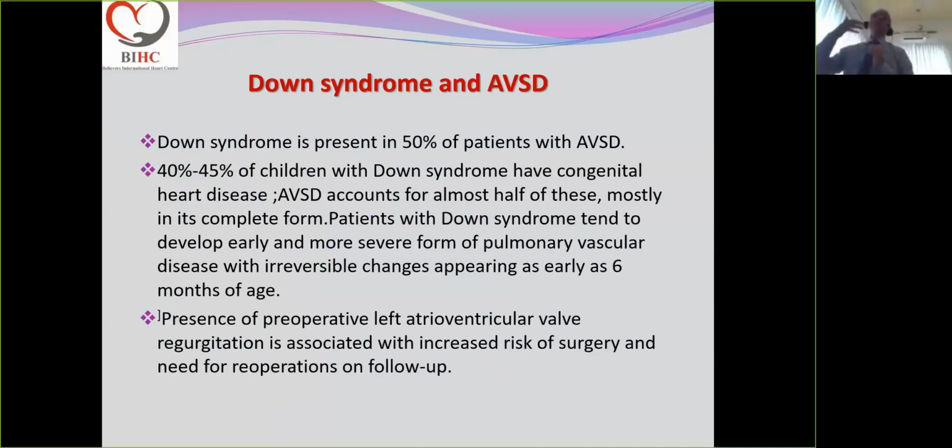Down syndrome could also have a regular perimembranous VSD or a secundum ASD or a regular tetralogy of Fallot. All these could be present. But half the cases of Down syndrome with heart disease will have AV septal defect itself, and the majority of AV septal defects in Down syndrome tend to be complete.